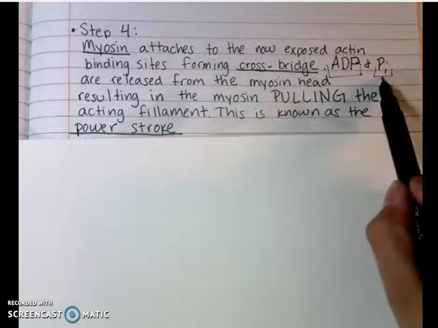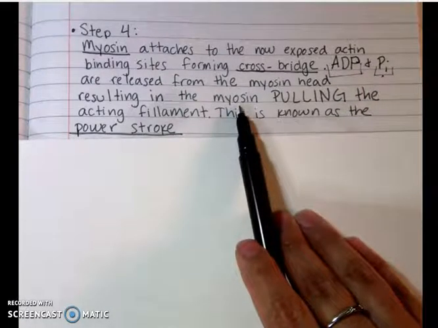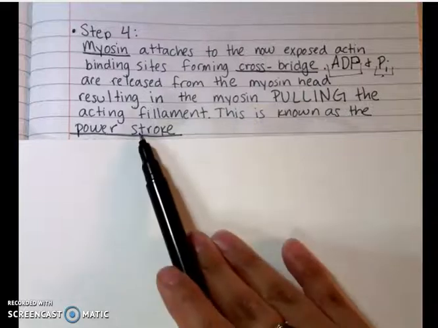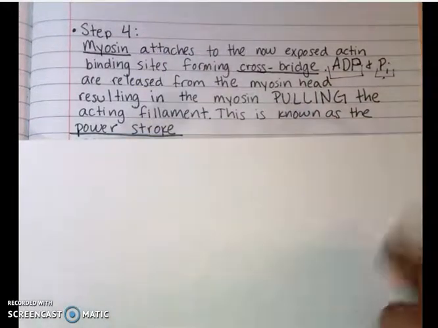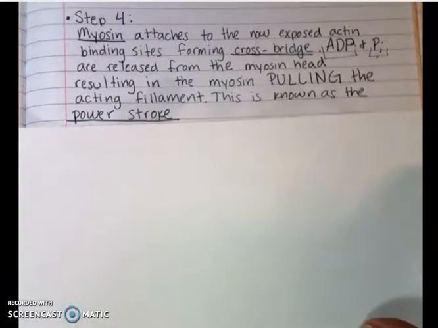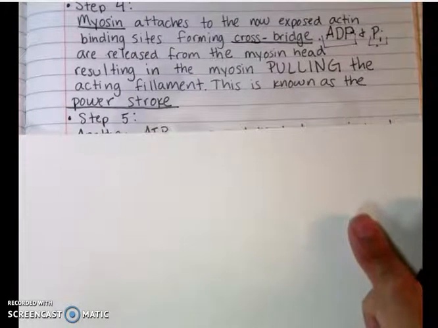When these 2 move away, it causes the myosin to do something known as the power stroke, which basically means it's going to pull on the actin and cause the muscle to get shorter. We'll see a sketch here in a second.